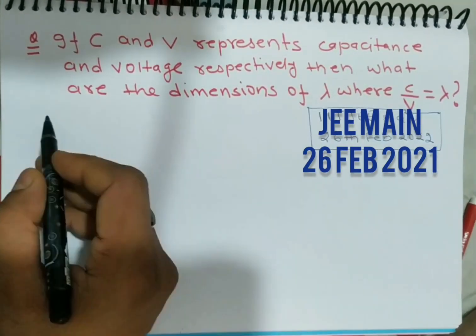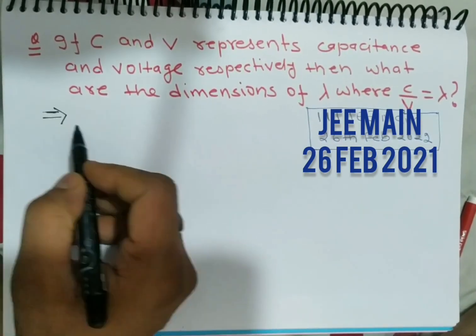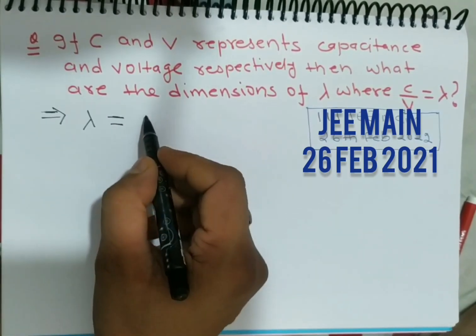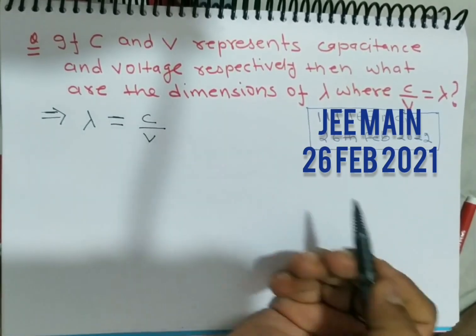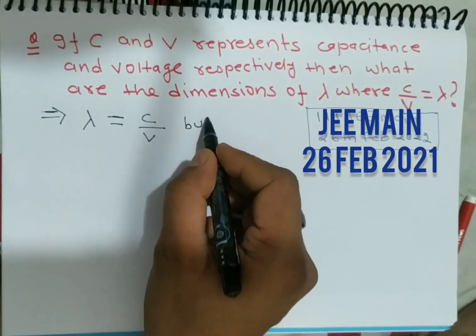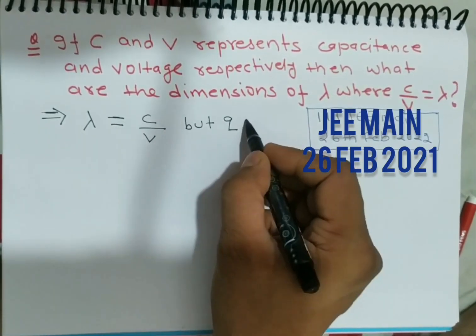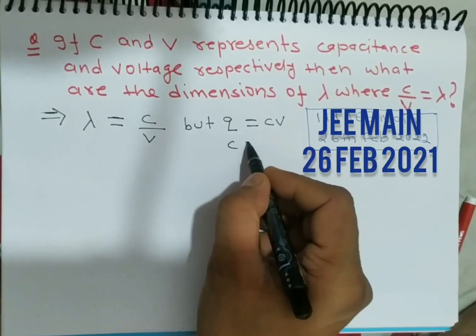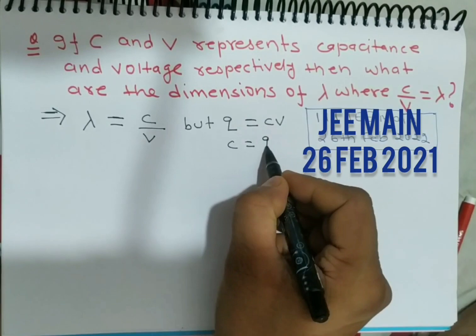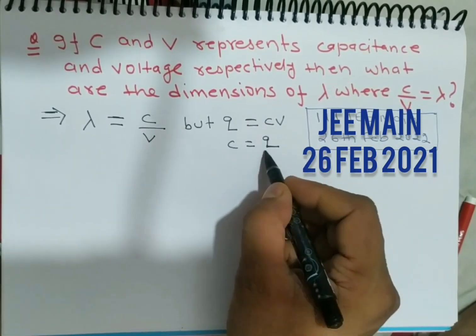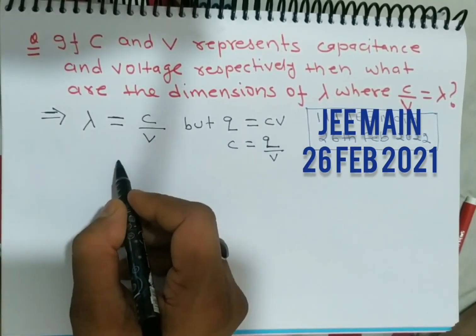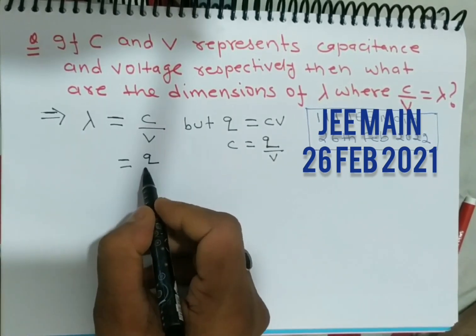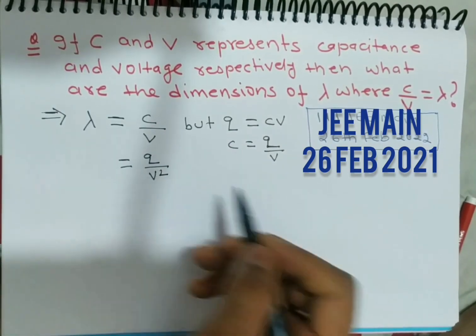Okay, let's discuss. Here lambda equals C upon V, but we know that Q equals CV, so we can write C equals Q upon V. So this lambda reduces to Q upon V square.